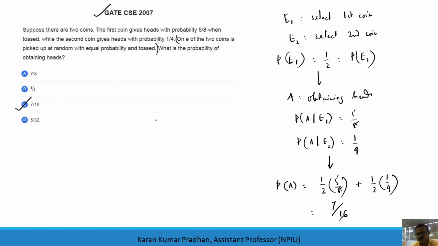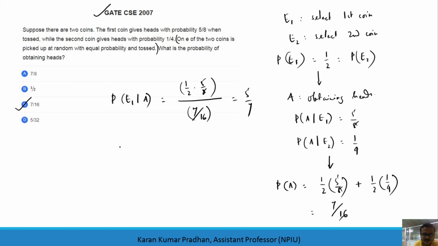If it is asking you to find the probability that you have selected the first coin, given that you got heads, that will get you to the posterior probabilities. So this will be 1 by 2 times 5 by 8 divided by 7 by 16, which is 5 by 7.